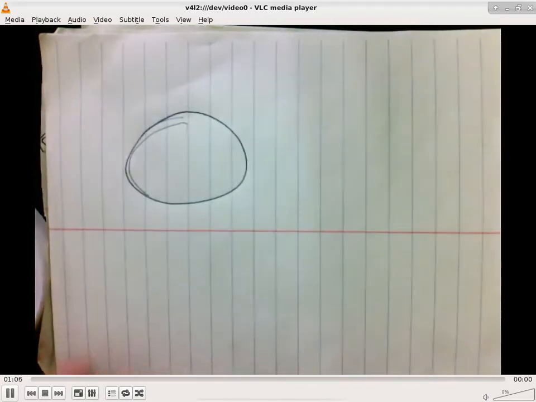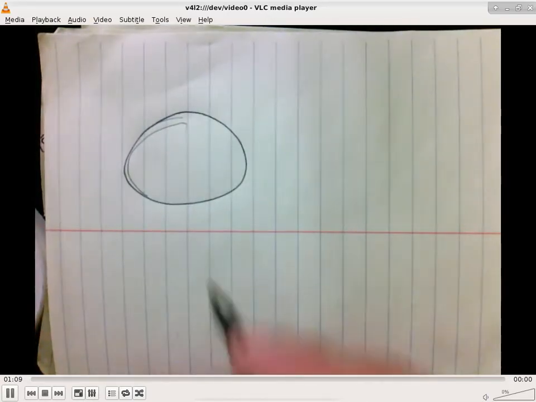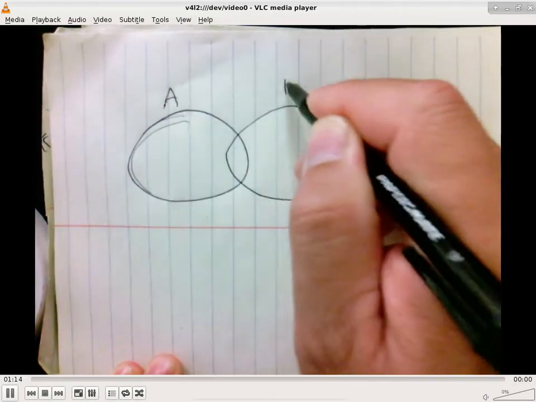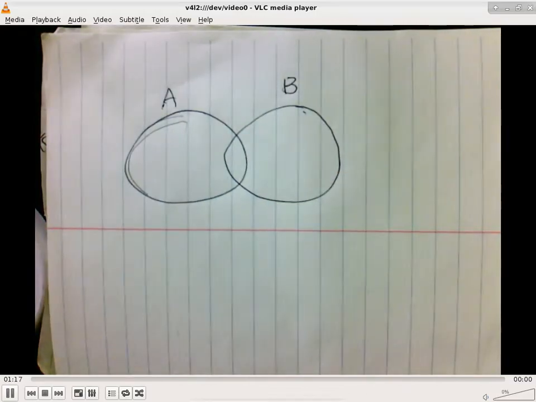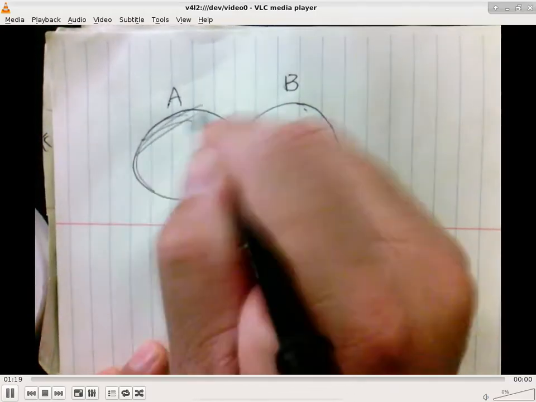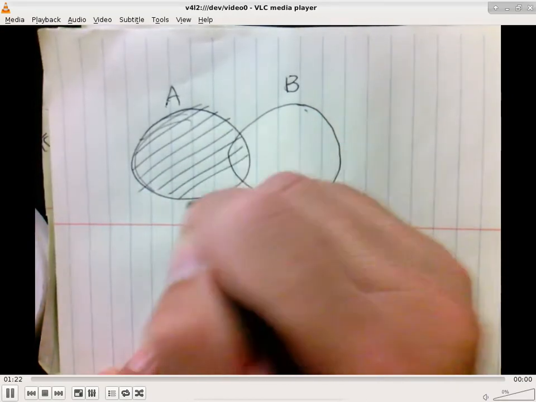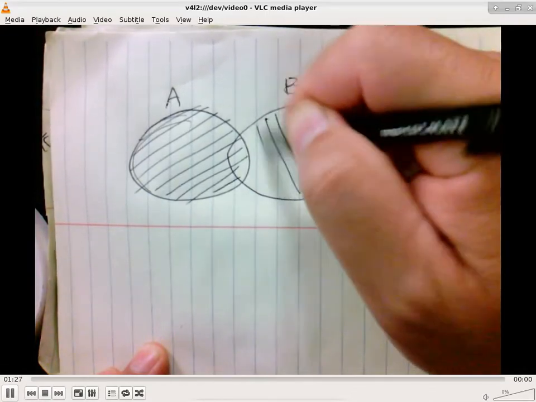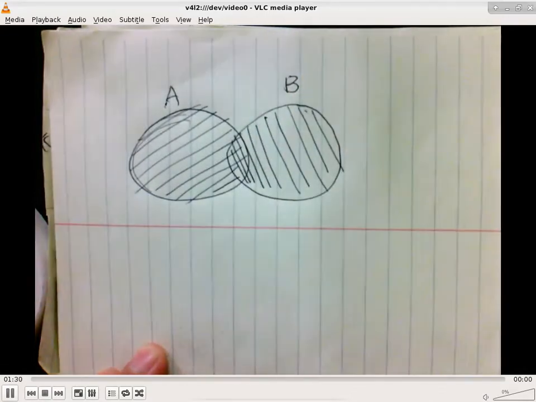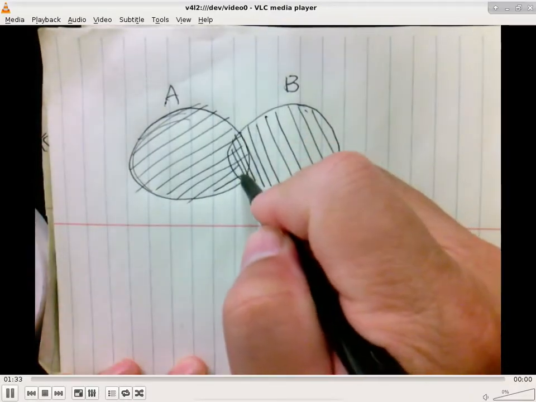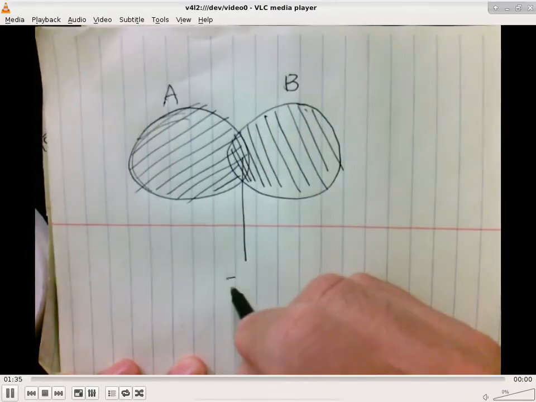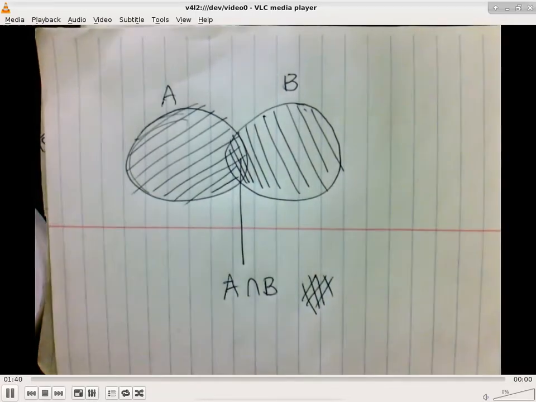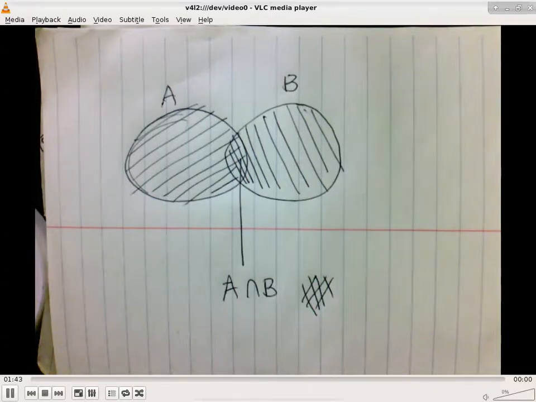There we go. So if you look at this as a set, let's call this A, and we'll look at another set, let's call this B. You can also color this, or just use this to represent everything in A, and then use this to represent everything that's in B. So A intersect B would be only this portion, which we draw with crosshatches.